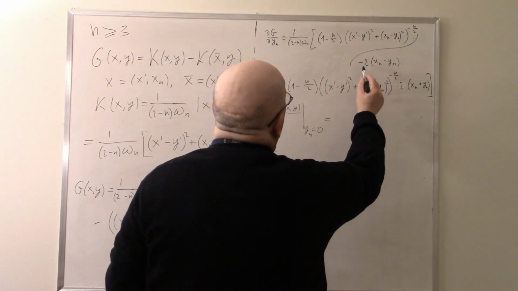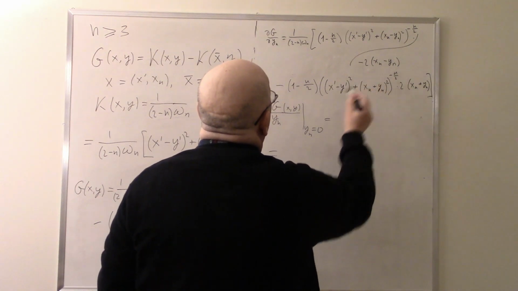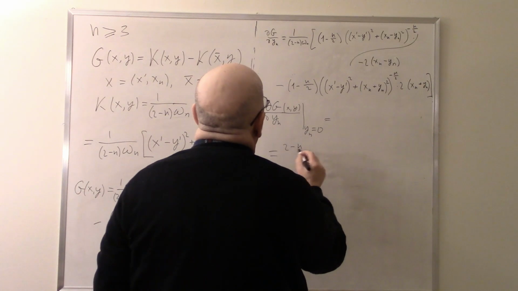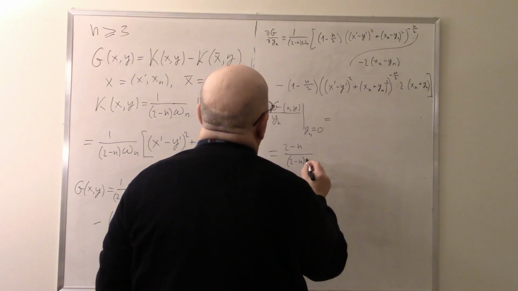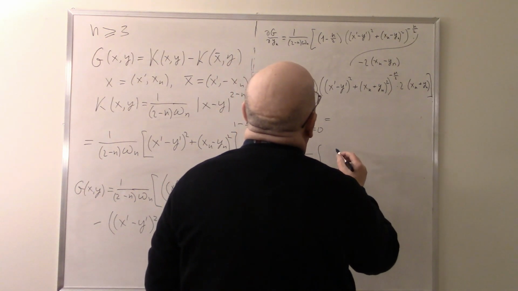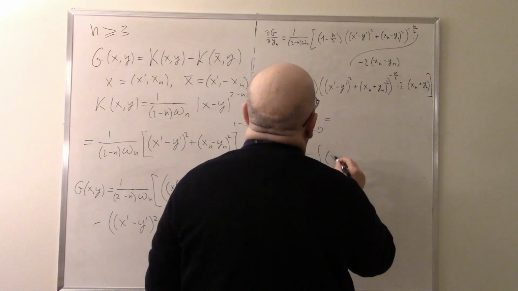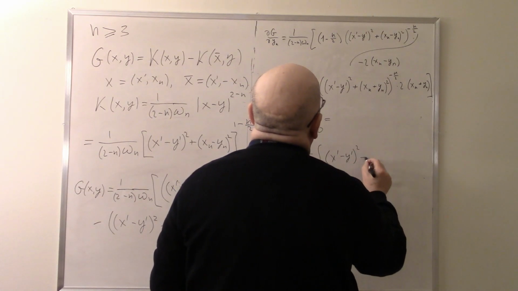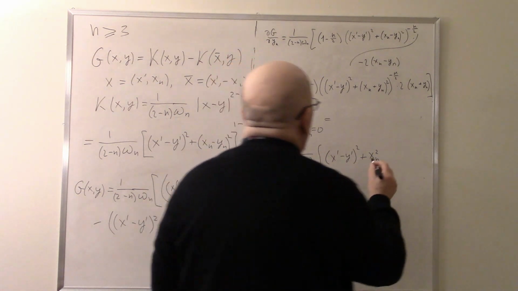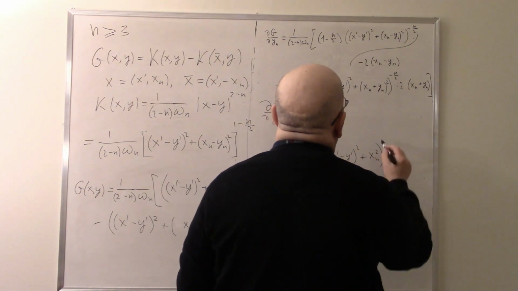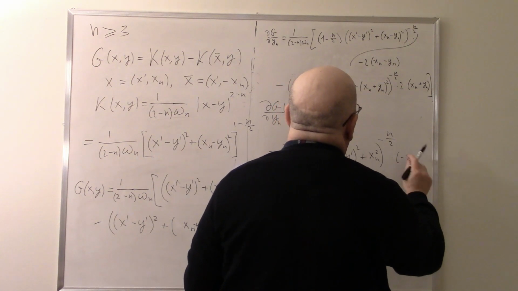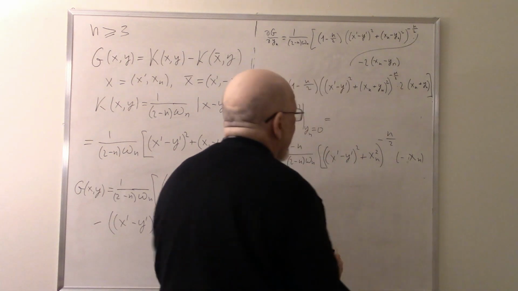So it is here minus 2, again 2 times this, it is (2 minus n) divided by (2 minus n) omega n, and here it is (x prime minus y prime) squared plus xn squared, yn equals 0, to the power minus n over 2, times minus 2xn. 2 is already here.